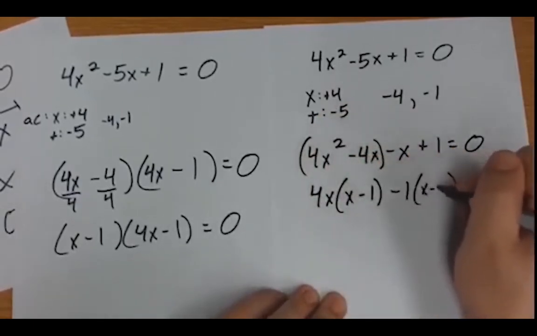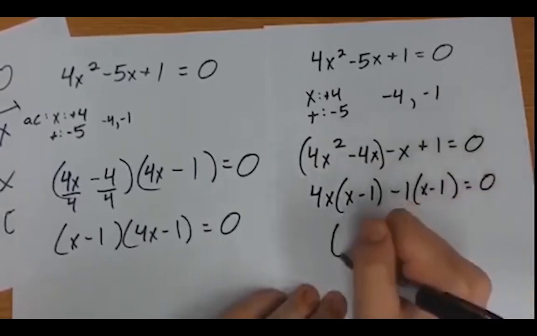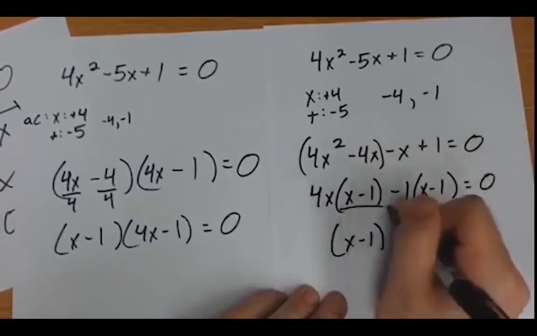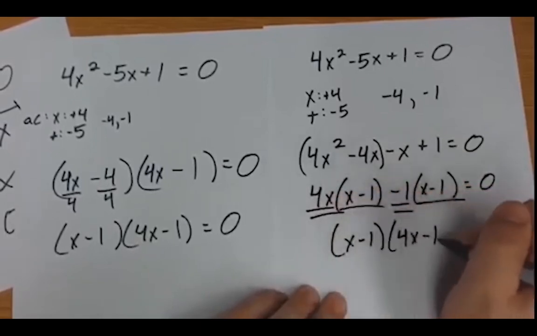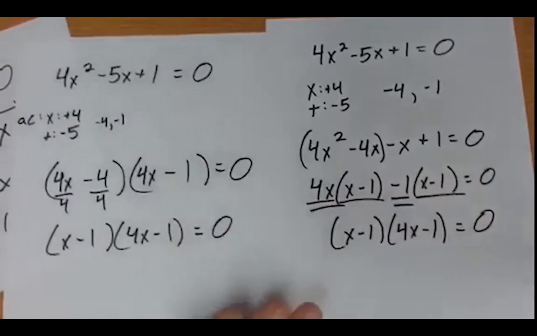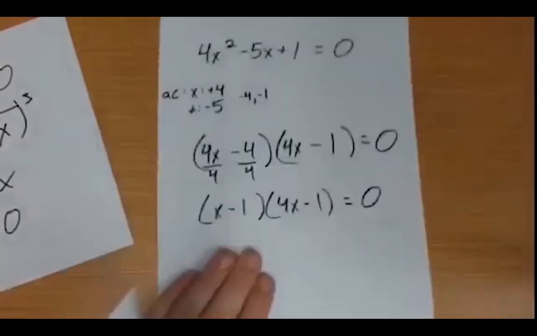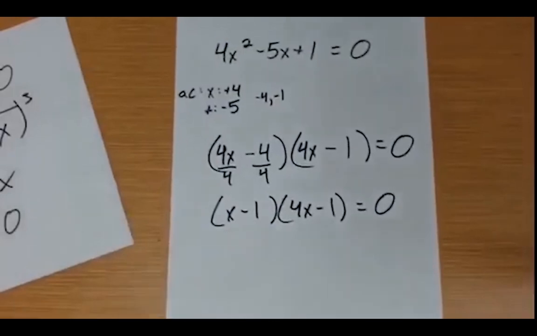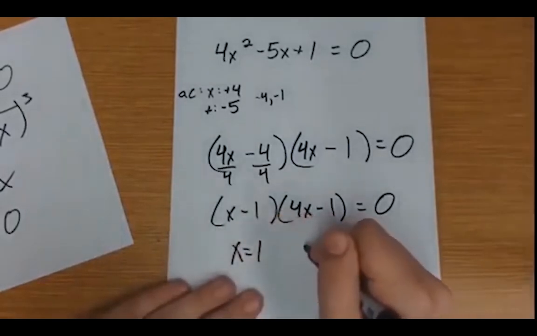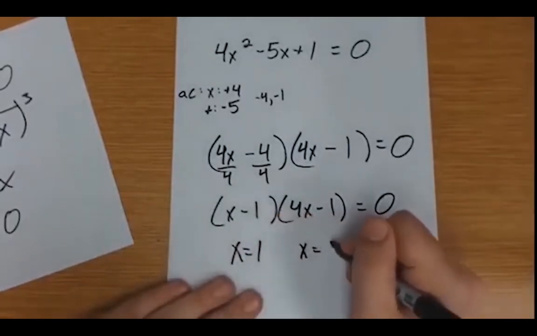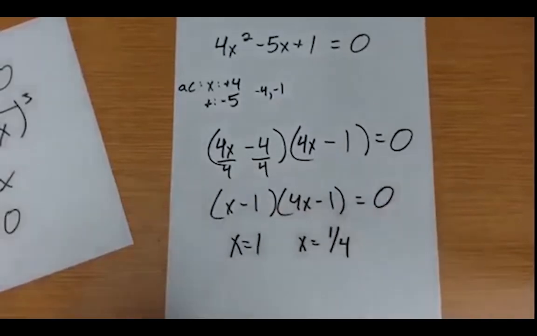Factor out a -1, we're left with x minus 1. X minus 1, 4x minus 1. Same thing. If we finish solving here, we get x equals +1, and x equals +1/4.